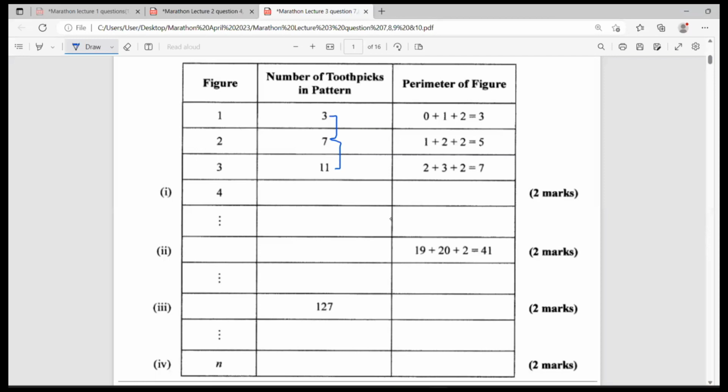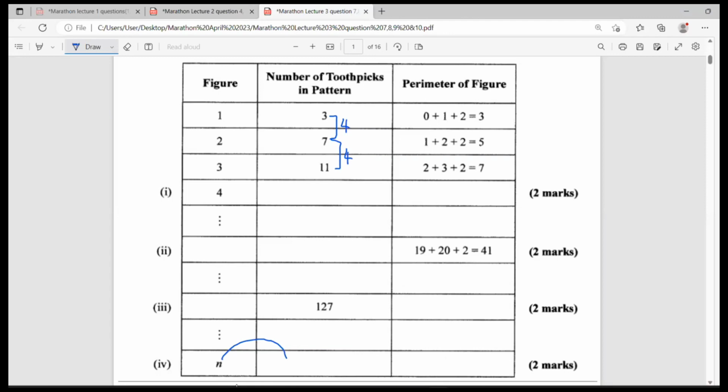For example, we are realizing that this is adding 4. The moment I see that there is a common difference, I could just give you something that will give you the relationship between the first column, N, and the second column there.